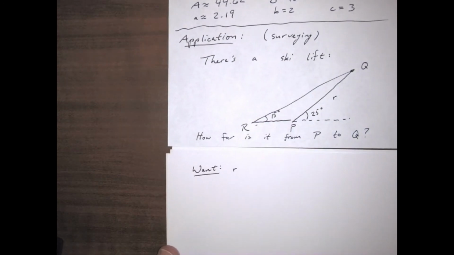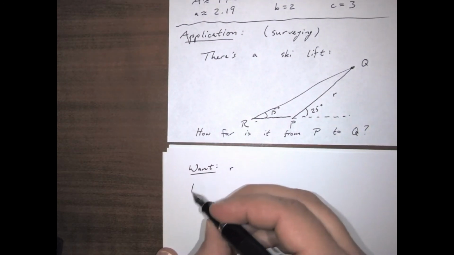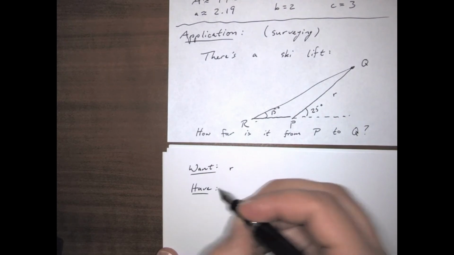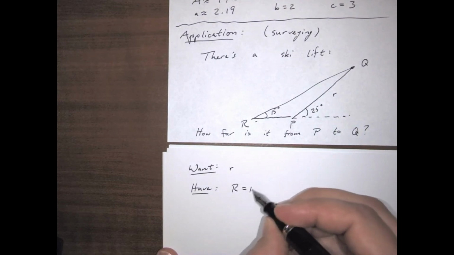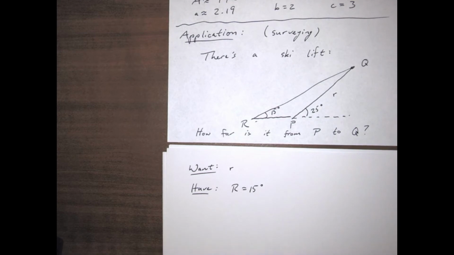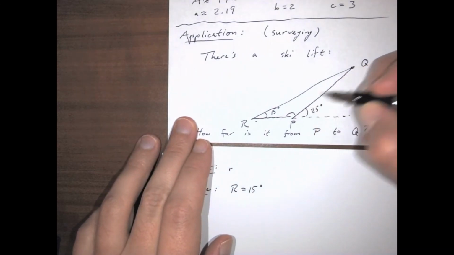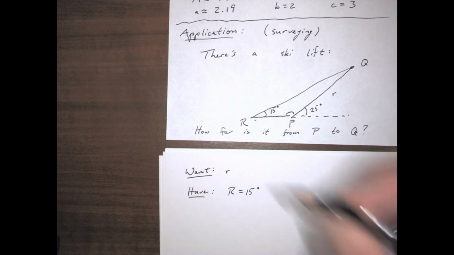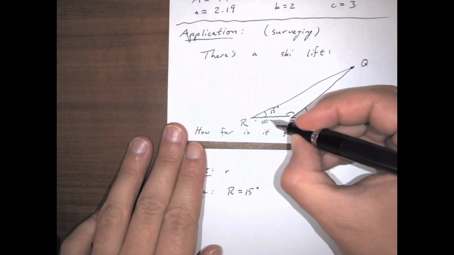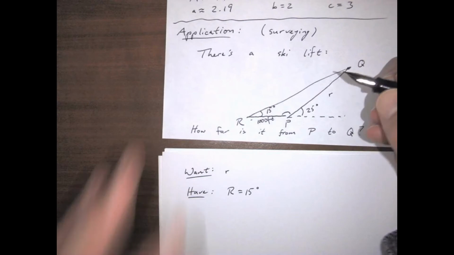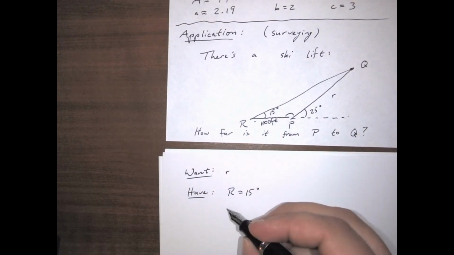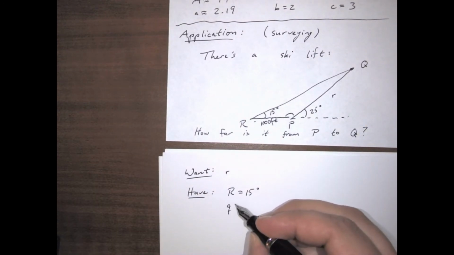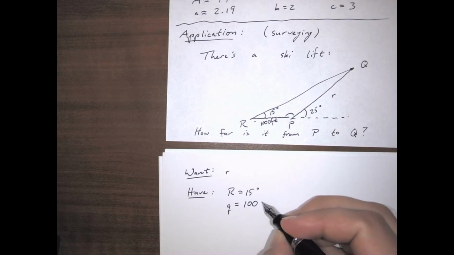What we have is big R is equal to 15 degrees. We can see that already. Now, big P, on the other hand, is not directly given to us here. Oh, sorry, and I need one more piece of information. Let's say this is 1,000 feet. Okay, so we know little q is equal to 1,000 feet.